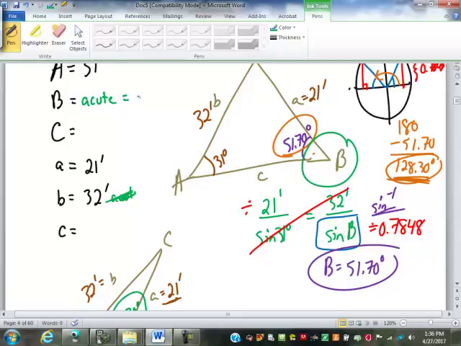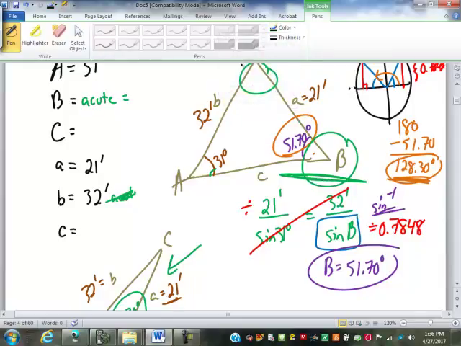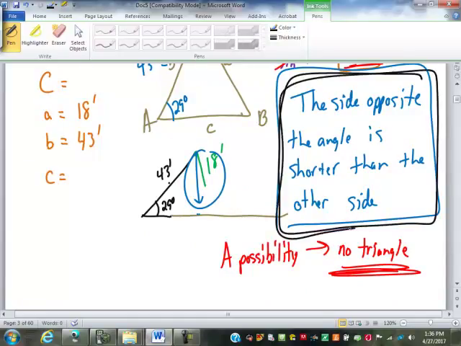If we're told B is acute, we know it's this possibility. If we're told B is obtuse, we know it's this one down here. Now, of course, from there, now that we know two angles, we can just subtract to get the third one, right? Subtract from 180, and we're good to go. Again, that's only a problem if the side opposite the angle is shorter than the other side.